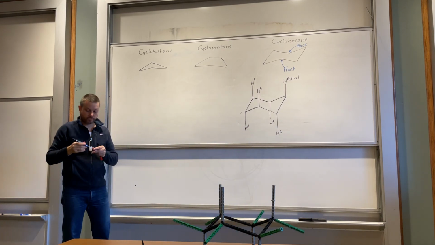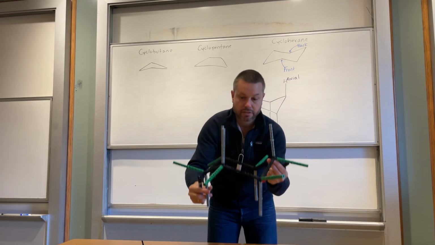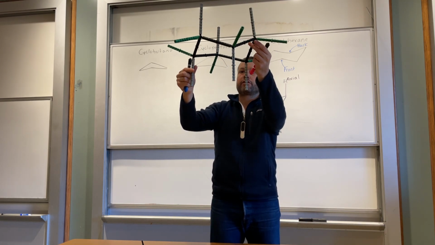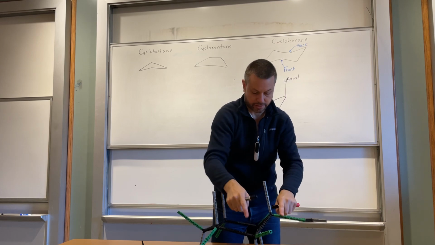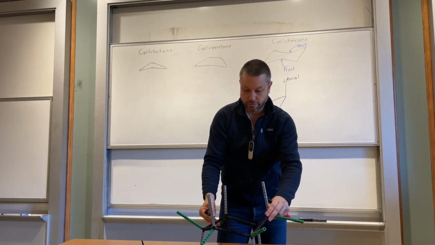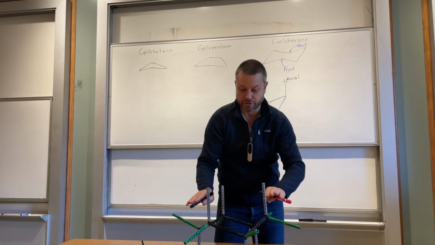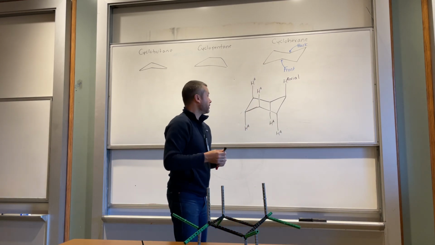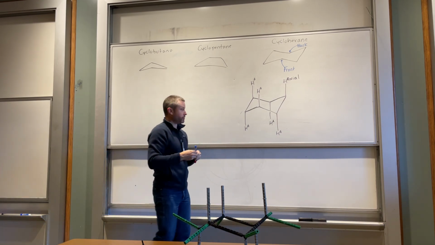And then you can see on my model in green, I have 6 hydrogens that are going kind of out of the center. So there's one here, here, here, and here. They're maybe slanted slightly upward or slightly downward, but they're all radiating from the center. We refer to those as equatorial hydrogens.